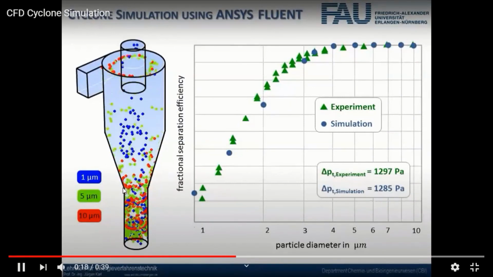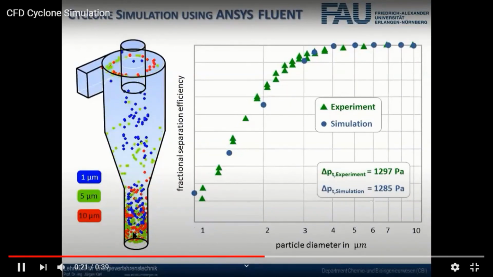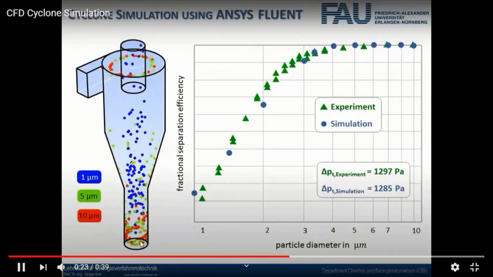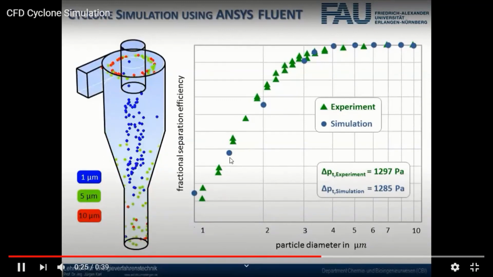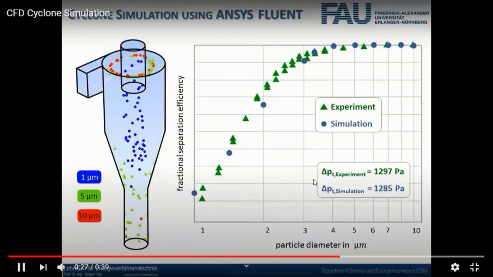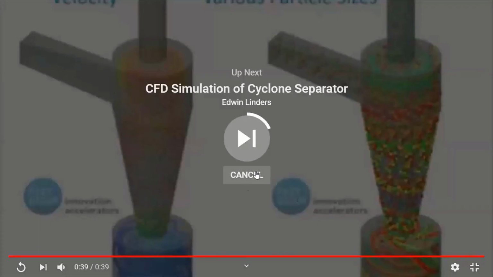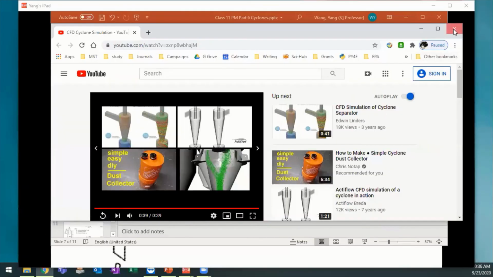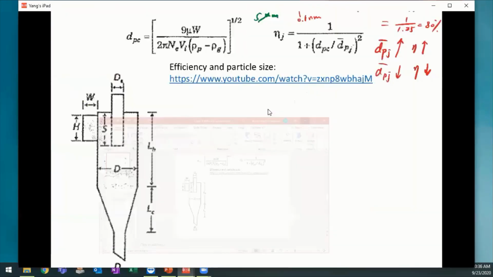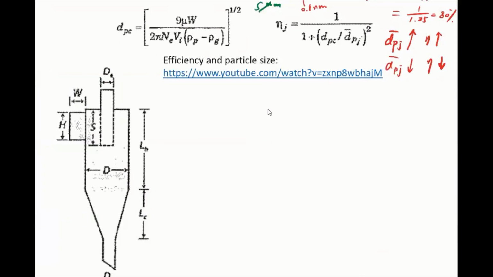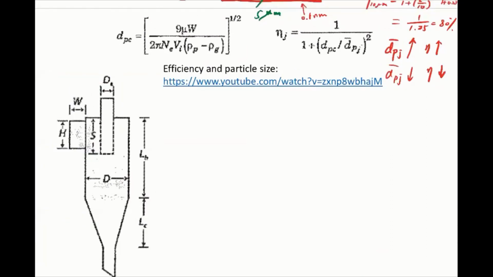While the larger particles will just stick to the wall, and then finally get collected at the bottom, right? So from the simulation, you can calculate the collection efficiency for particles with different sizes. And it actually agrees very well with the experiments, right? So particles with different sizes are going to have different collection efficiencies.